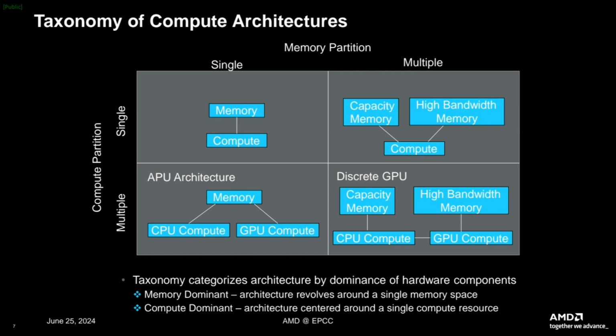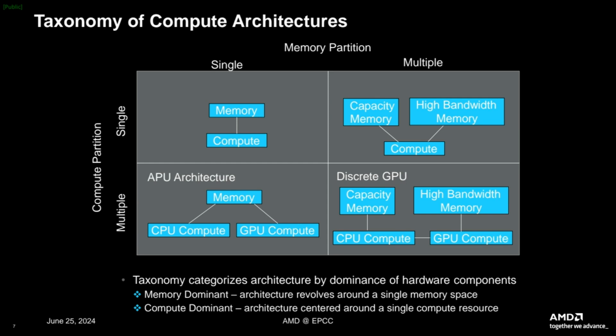AMD bought out ATI a decade ago, with the goal of putting the GPU on the same silicon as the CPU. And at the time, the standard term was integrated GPU. To differentiate the powerful GPU that AMD was adding to the CPU, they coined the term APU.